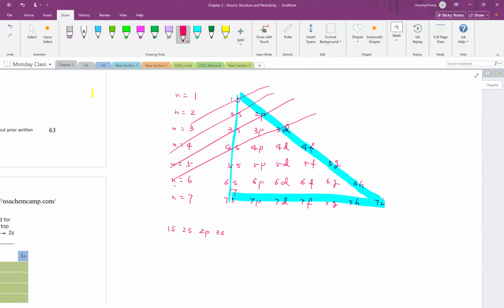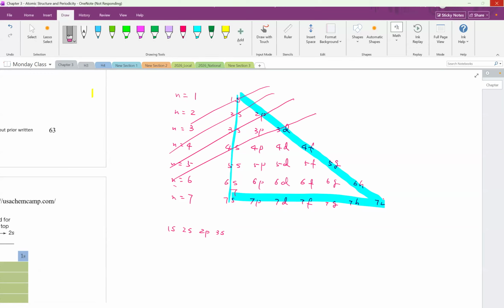Oh, no, that's not right. Hold on, a little bit of freezing. I cannot change the screen.